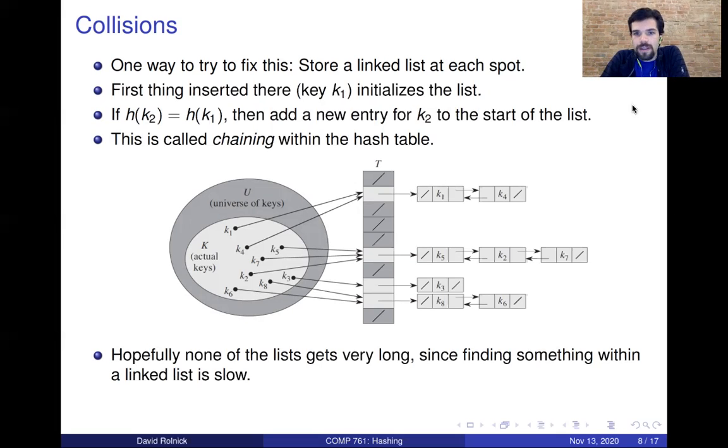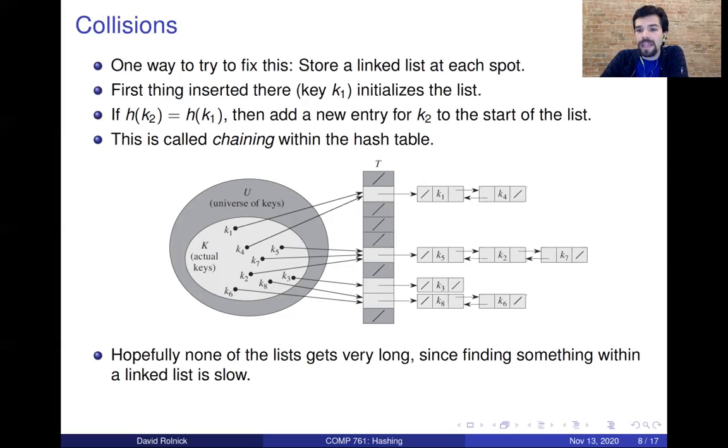So here you can see that, for example, we first inserted K4 here, and then we later inserted K1. And so K1 is now first. Here we inserted K7, and then we inserted K2, and then we inserted K5, and so on. And hopefully none of these lists gets very long, since finding something within a linked list is slow, because we have to check through a lot of things.